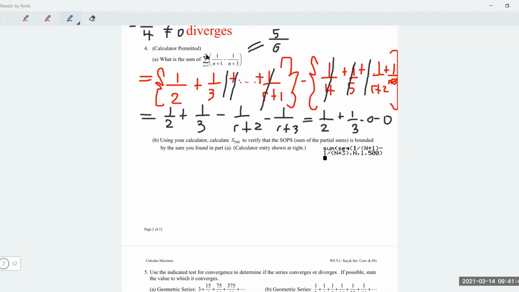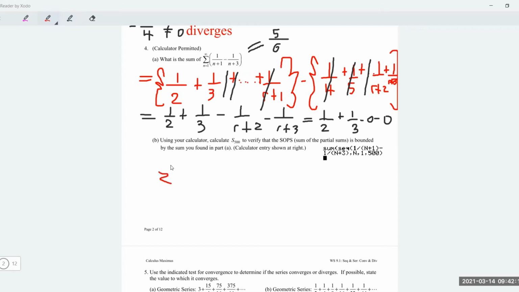Since it's bounded, it's saying that the sum won't be bigger than this, but it will be close to this. That's what it wants us to verify: that this converges and that the sum is 5/6. So let us verify that.